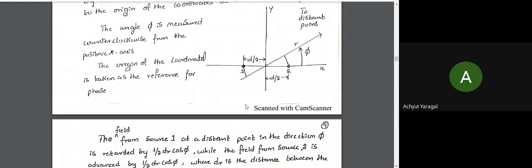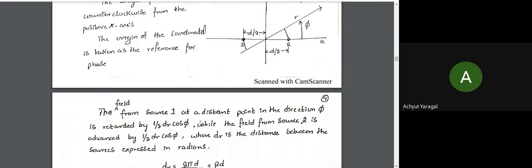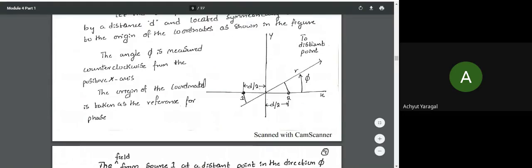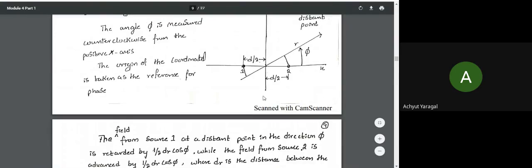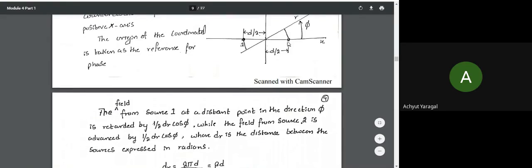The field from source 1 at a distant point in the direction phi is retarded by 1 by 2 d_r cos phi. What about point source 2? It has been advanced.